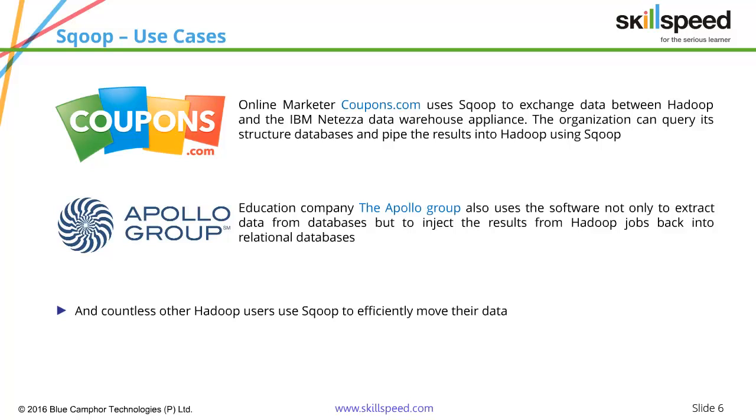Now, in that case, if let's say you are doing some analysis inside Hadoop and you get a final result in the structured format, that has to be present inside the RDBMS. So Sqoop very well allows you to get this from the Hadoop ecosystem back to RDBMS as well.